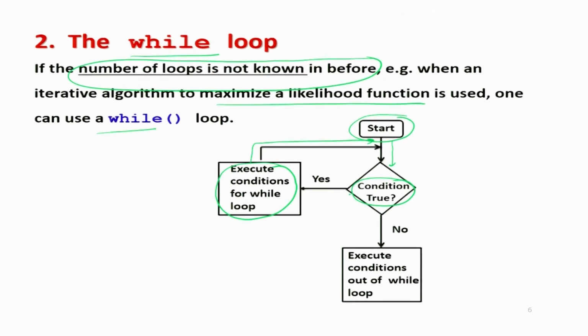If it comes out yes, then once again these statements are executed and we come back to the start point. Suppose after some time the condition becomes false and the answer comes out to be no. In that case, we execute those statements which are written outside the while loop, and you stop the program or do whatever has been asked in the program.